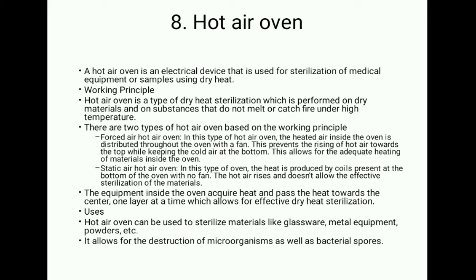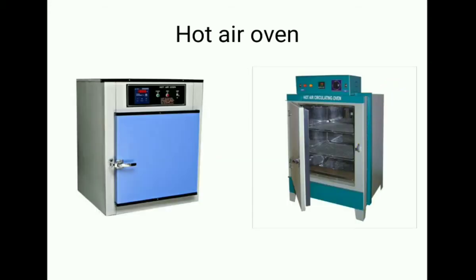Talking about the use, a hot air oven can be used to sterilize materials like glassware, metal equipment, powders, etc. It allows for the destruction of microorganisms as well as bacterial spores. So this is the hot air oven.